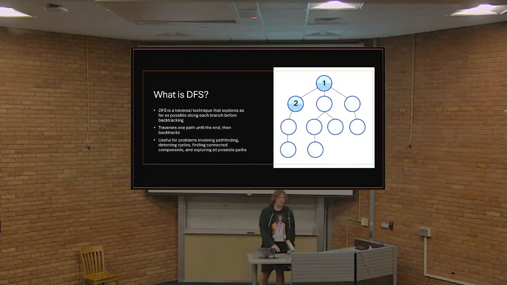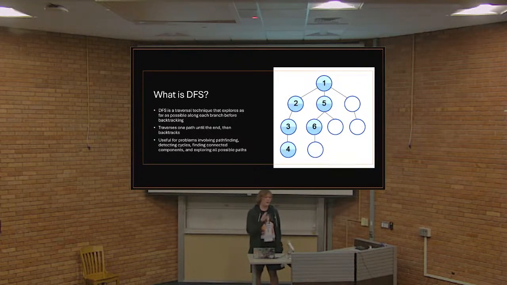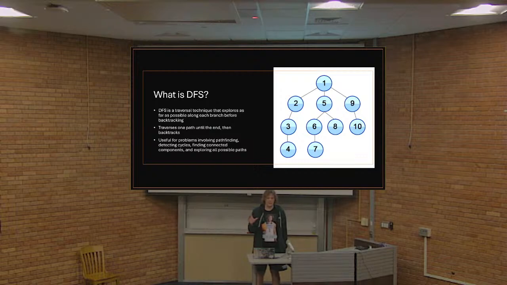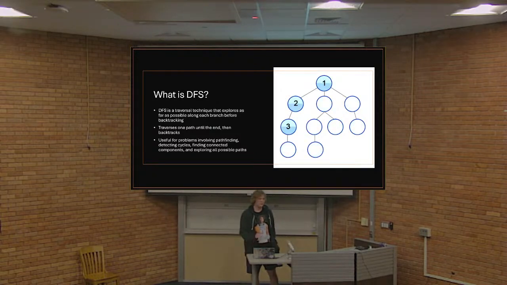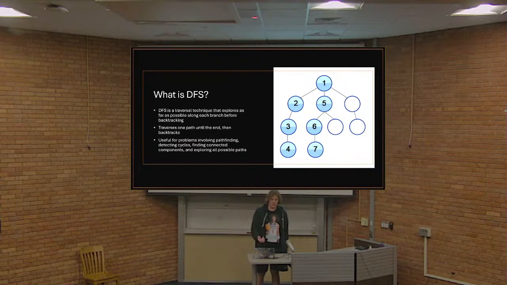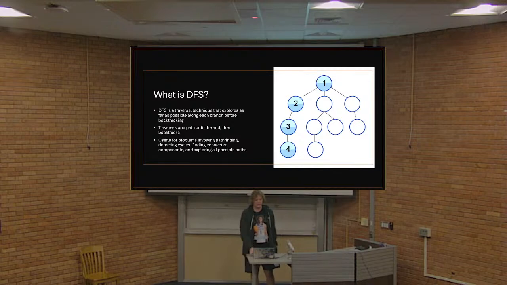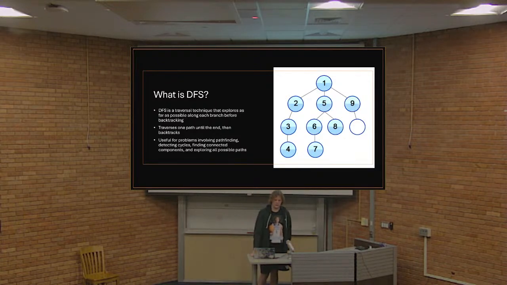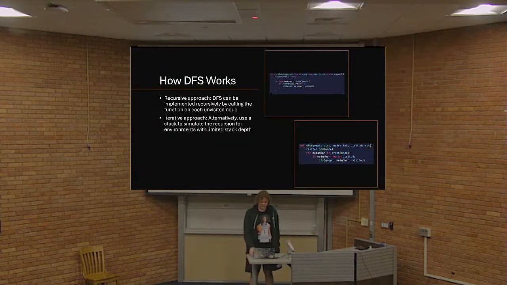This is very useful for finding paths between nodes, detecting cycles, or finding connected components. Finding a cycle is going to be a lot faster because cycles only happen when you have a full path that connects back to itself. So this is going to be very fast for finding cycles.